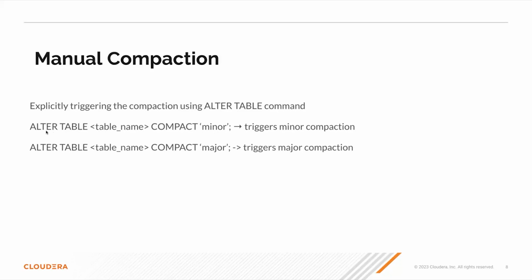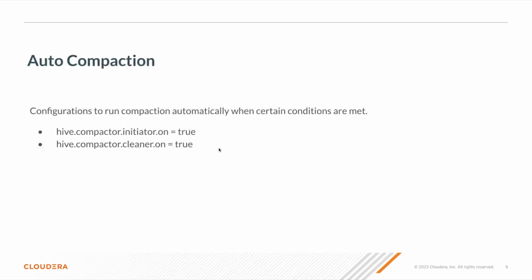And this is the command for that. Alter table name with the compact as the keyword. And I can give either minor or major. As for auto compaction, to enable the auto compaction, we need these 2 configurations set, but mainly the first one, hive.compactor.initiator.on equal to true.